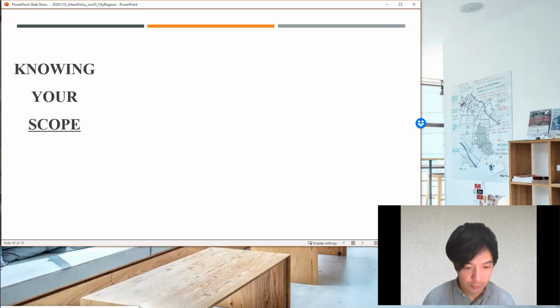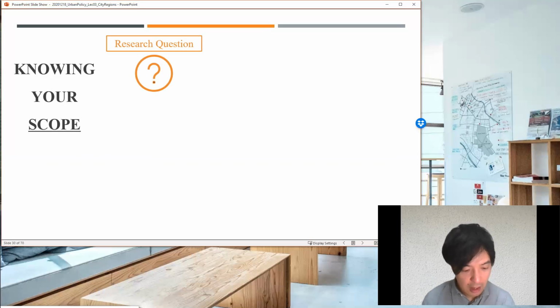All right. First of all, you need to know your scope. Your scope means your range or width of your research. In short, how you did your research is scope. Look at this illustration. Our papers must start from questions, right?